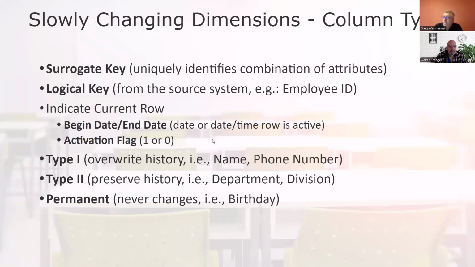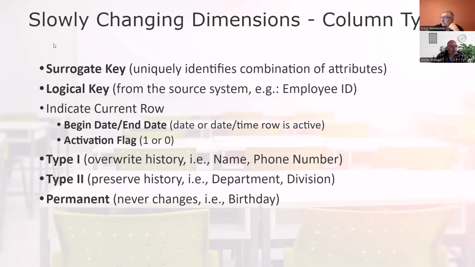Okay, for Data Migrator, what are the column types? Our column types are surrogate key. A surrogate key is a unique value that Data Migrator will create to identify that specific record. Logical keys come from the source file or source database table, and it is what logically makes that piece of information unique.